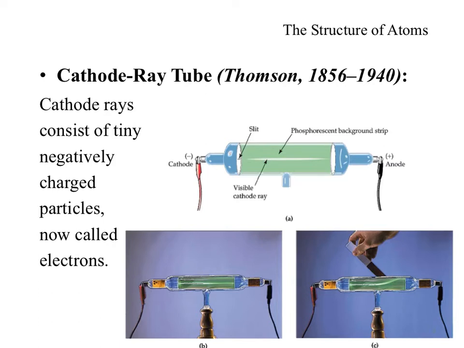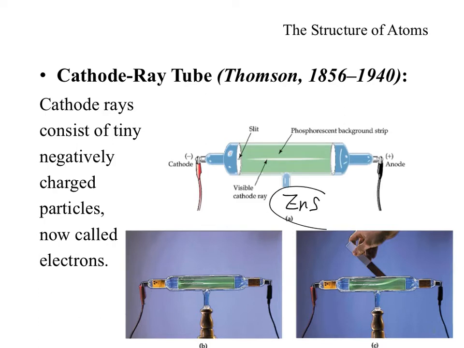So the electron was discovered by the very famous cathode ray tube experiment, which was done by a British physicist by the name Thomson. What he did was he took a cathode ray tube, and then he coated the inner walls of it with zinc sulfide, a phosphorescent compound.